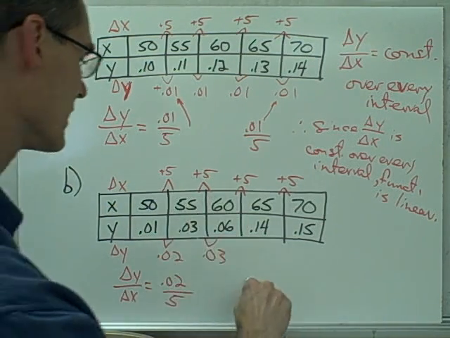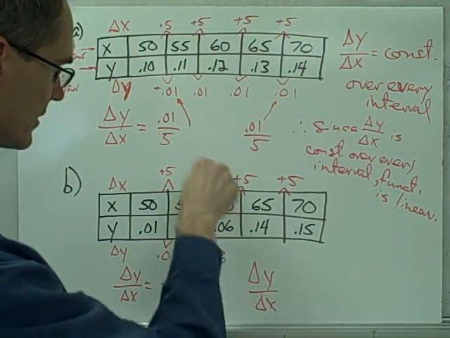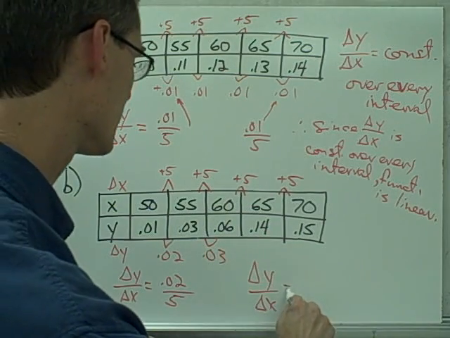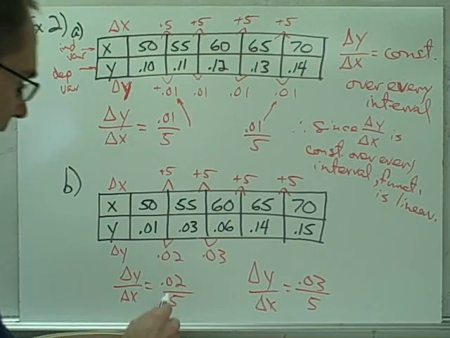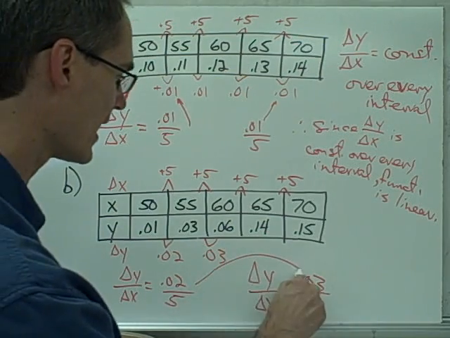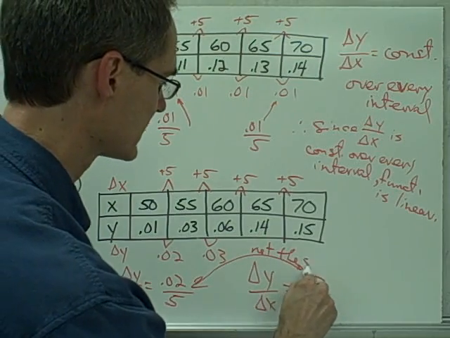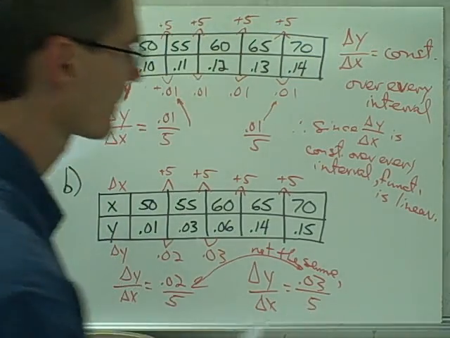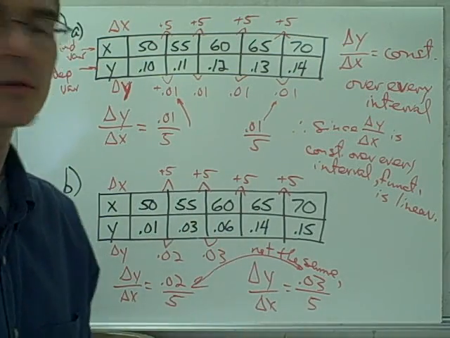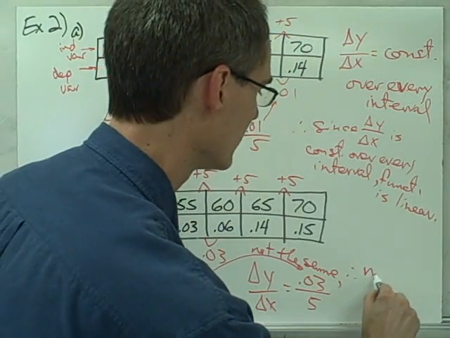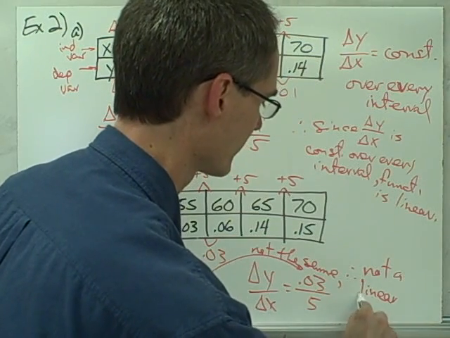If I calculate delta y over delta x for this pair of points here, then delta y is going to be 0.03 over 5. And I can see right away these two values are not the same. And since these two values are not the same, my delta y over delta x is not constant over every interval of this function. Therefore, this is not a linear function.